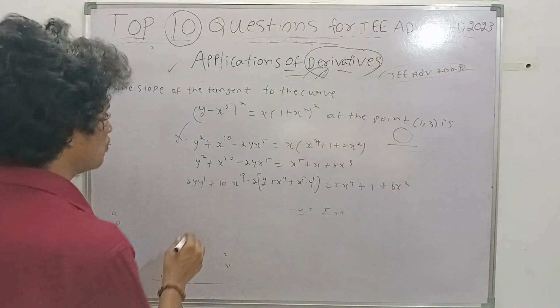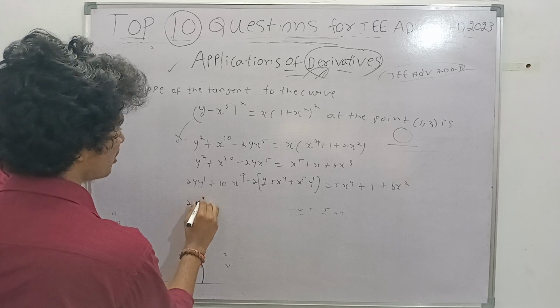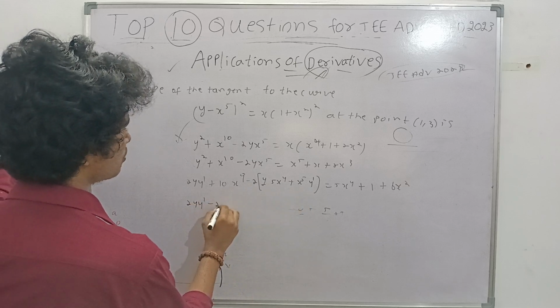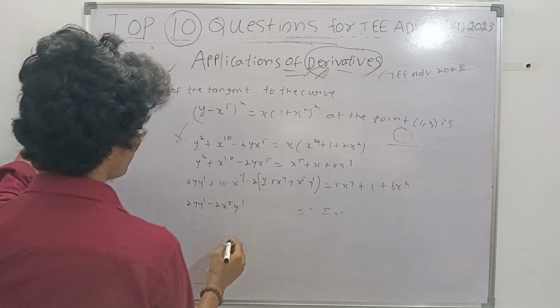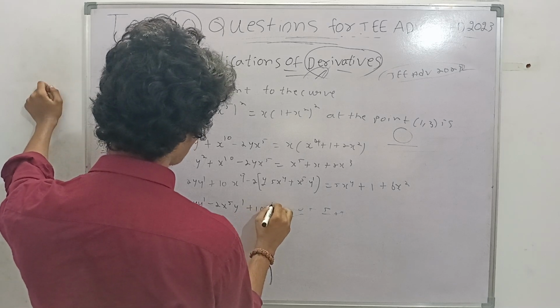And after this, we can combine this 2y y dash here, minus 2x power 5 y dash, and the remaining things we can leave like this only.